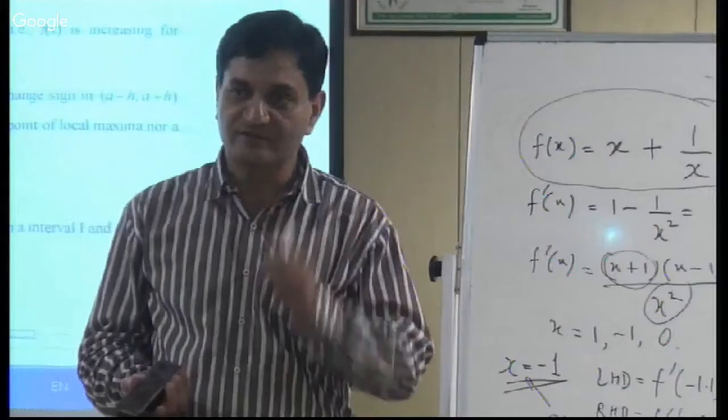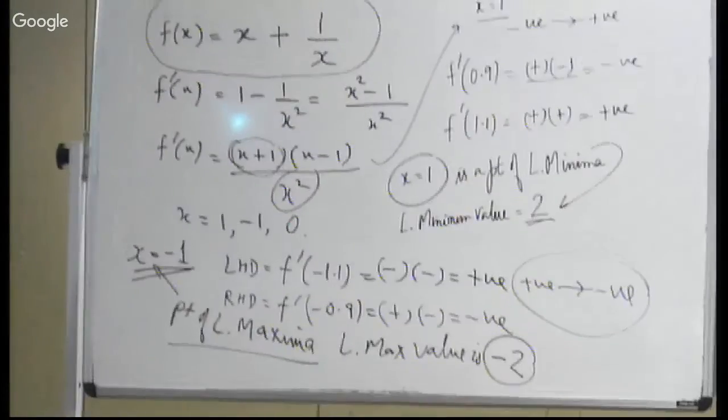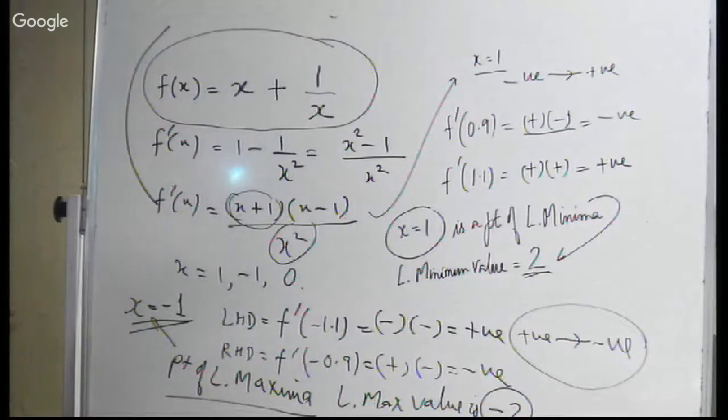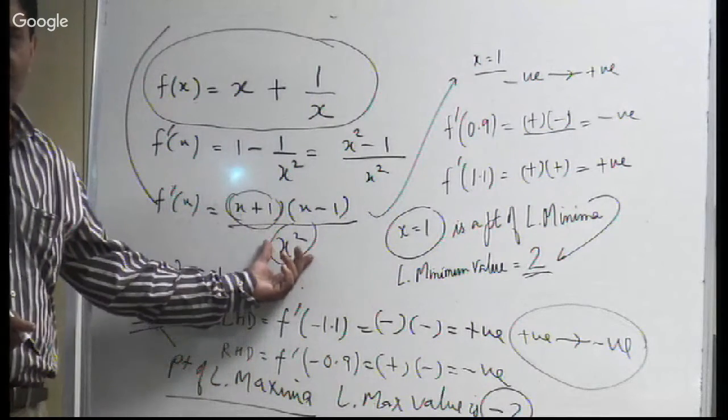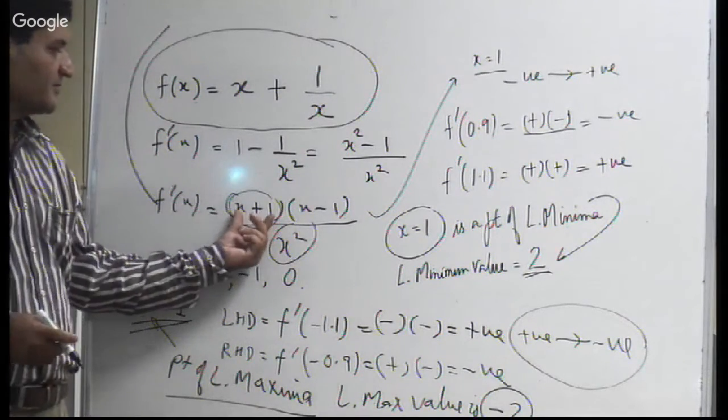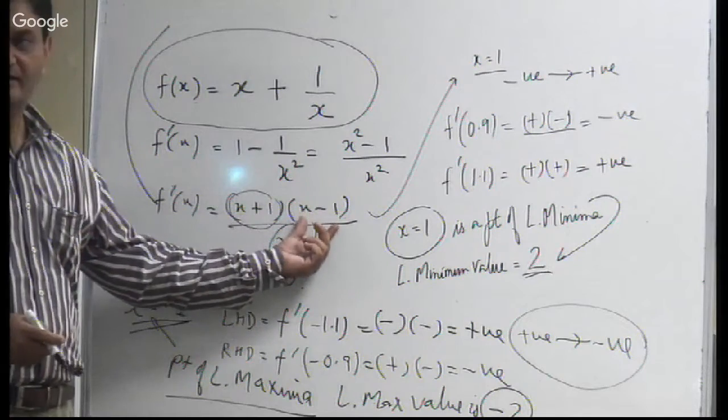So if you consider 0 as well, you will observe, see, this is the derivative, right? You substitute 0. The denominator will always be positive. If you take a negative value, -0.1, this is positive and this will be negative.